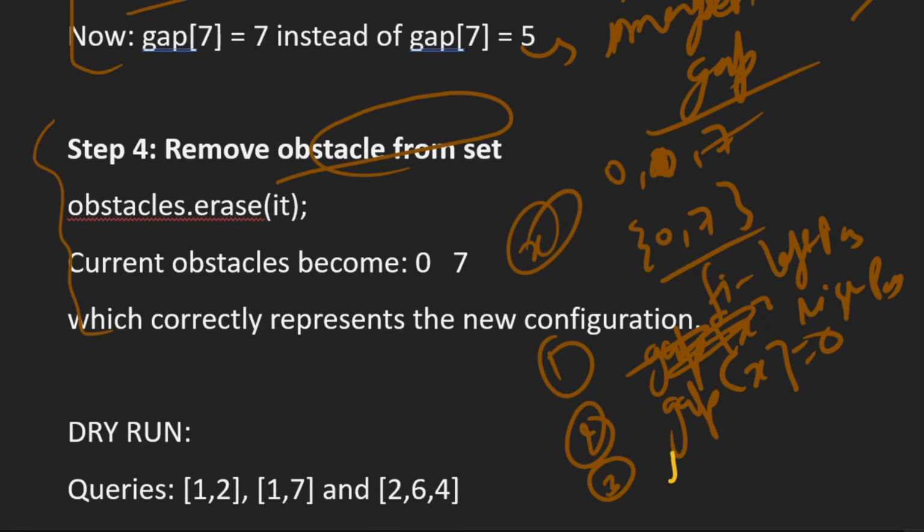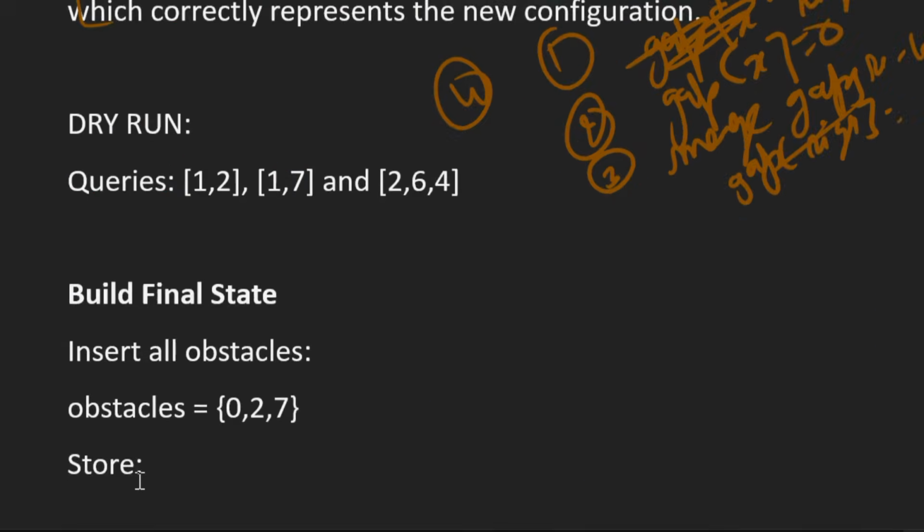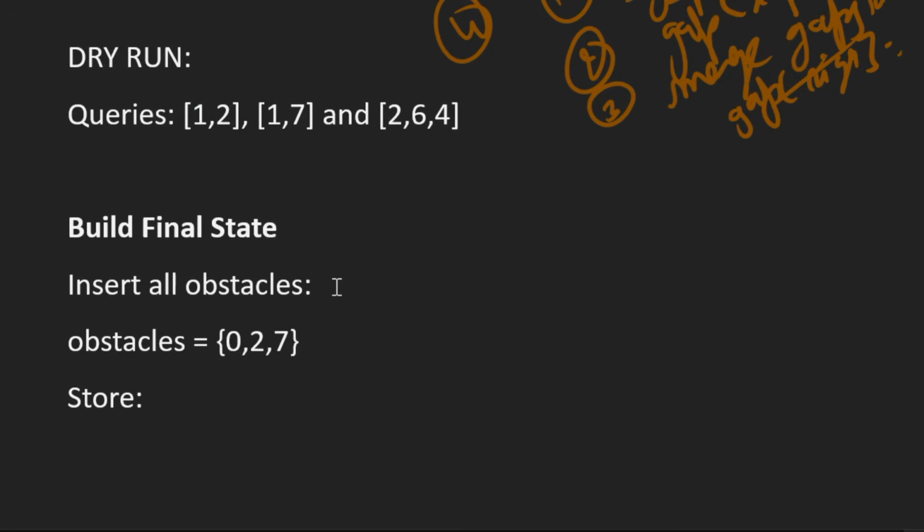In the third step we merge the gaps, that is we update gap of right position to right minus left. And in the fourth step we remove the obstacle from the set. So these are the four steps for processing type 1 query.